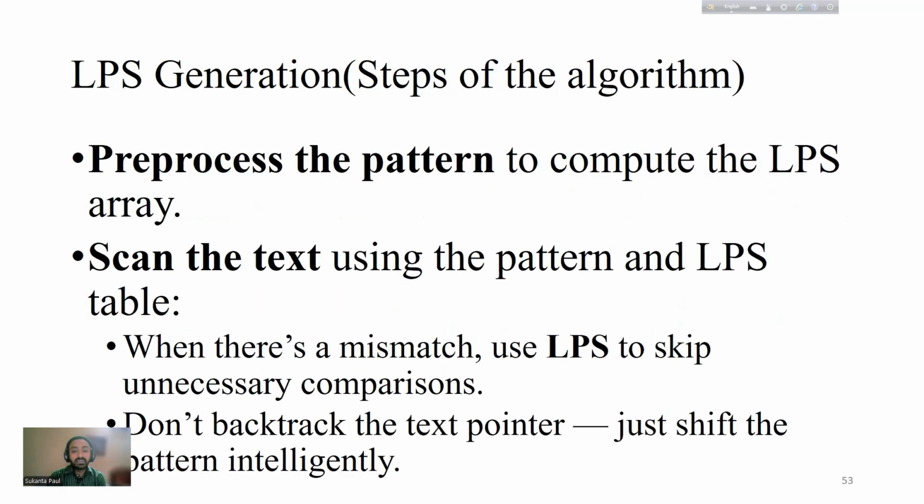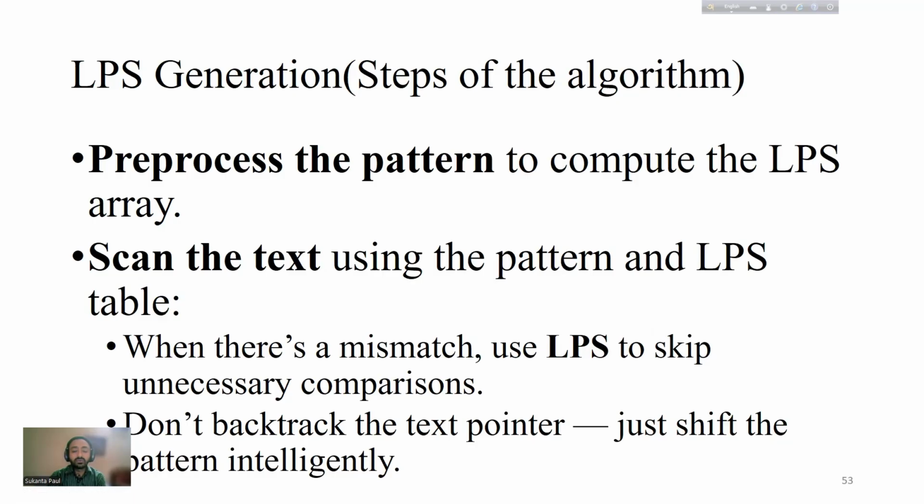So what are the steps of the algorithm? First step is pre-process the pattern to compute the LPS array. Then we will use that LPS table to scan the text using the pattern. If there is a mismatch, we will use LPS array to skip unnecessary comparison.